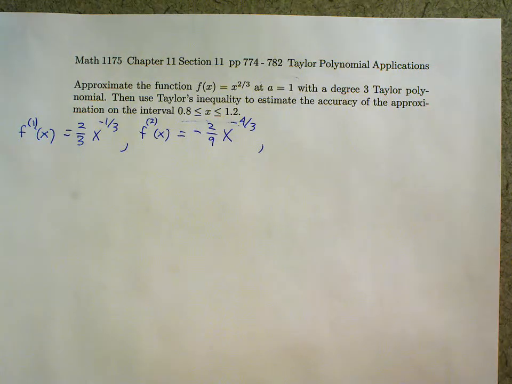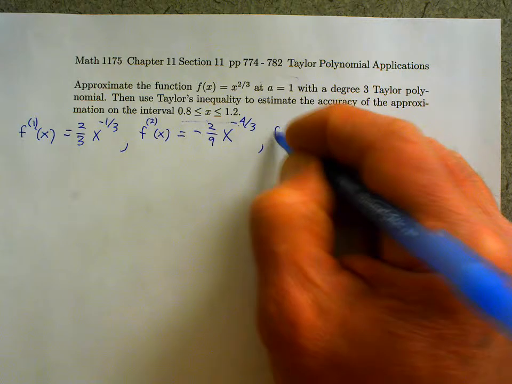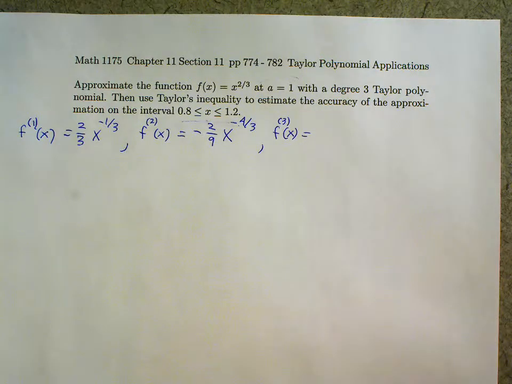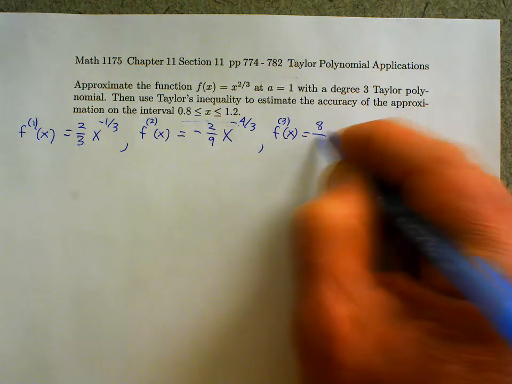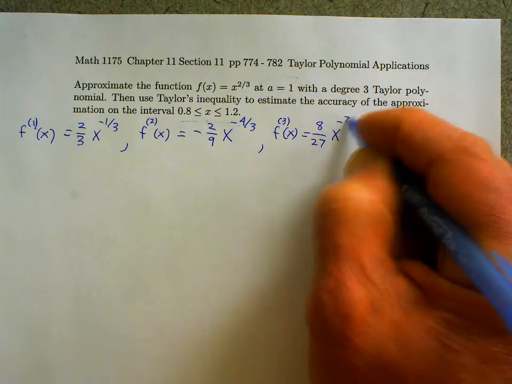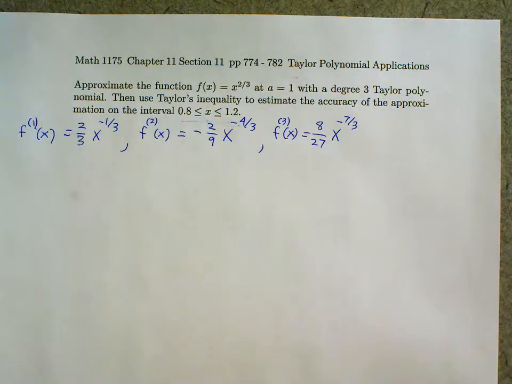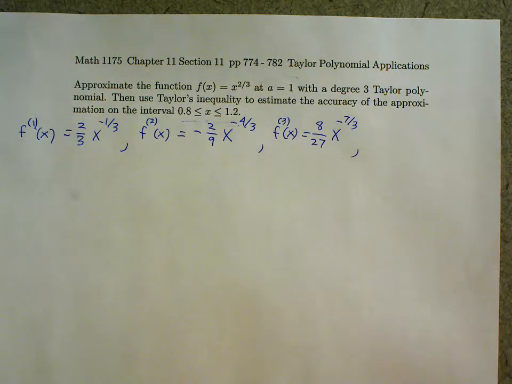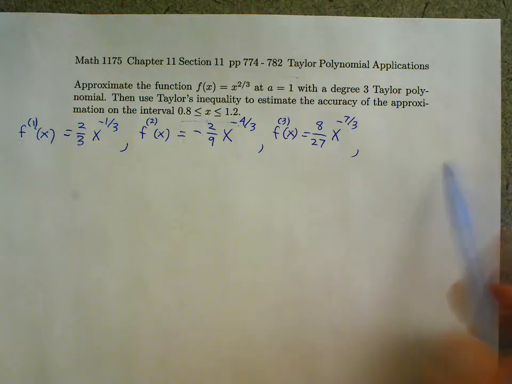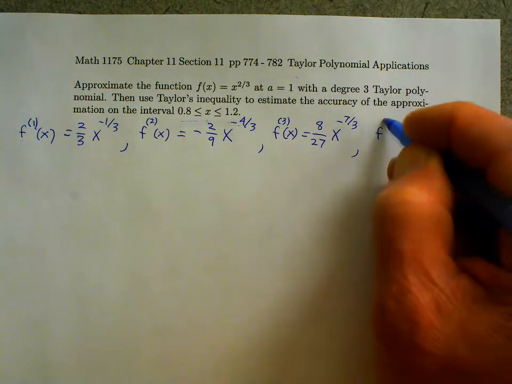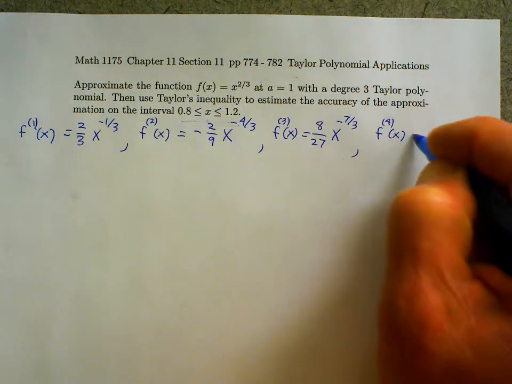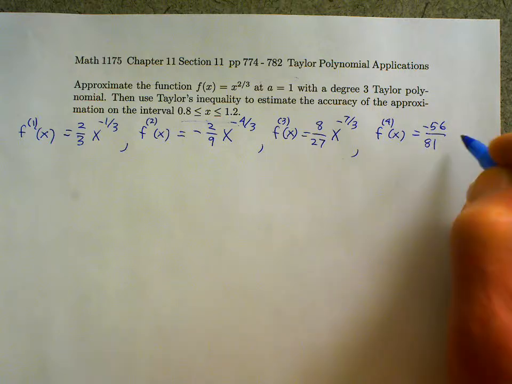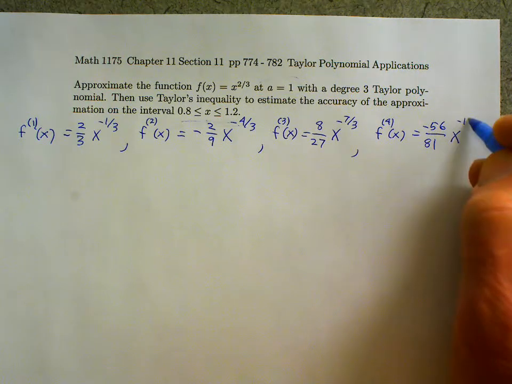And for the degree 3 Taylor polynomial, we need the third derivative of f of x. So this one will be positive 8/27 times x to the negative 7/3. And then a little bit later, when we use Taylor's inequality, we're going to need the fourth derivative for that. So let's go ahead and find the fourth derivative of f of x. This is negative 56/81 times x to the negative 10/3.